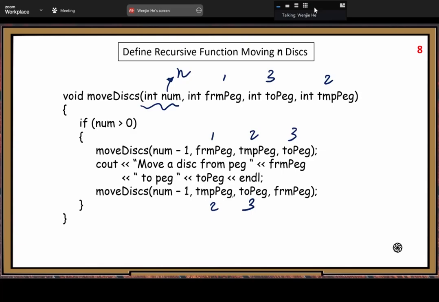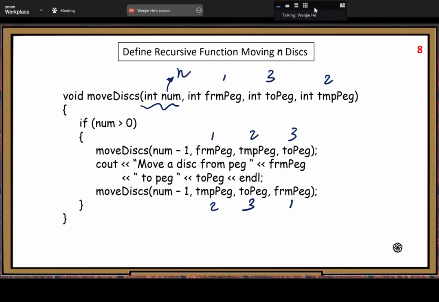And the temporary peg is your original starting peg. In that way, you implement this recursive function. Very easy, right? For such a complicated question, you only need a few lines of code. Then you solve it.